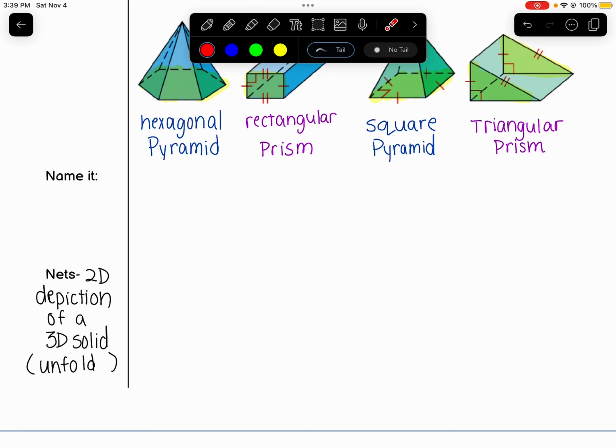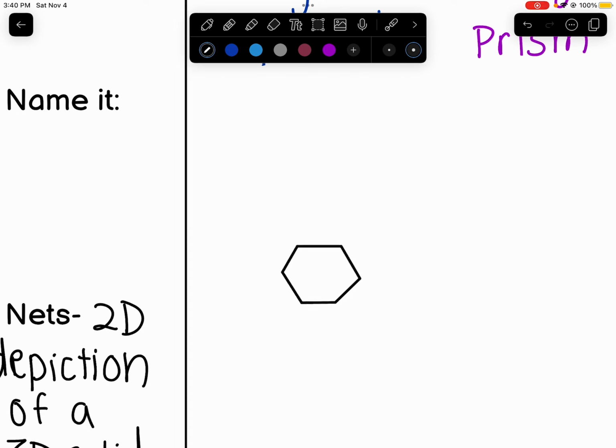And so our first polyhedron, what would the net of a hexagonal pyramid look like? Well, it's going to look like one hexagon. So draw a hexagon to the best of your ability. Just sketch it out. It doesn't have to be perfect. And off each side of our regular hexagon, and our hexagon is the base, we're going to draw a triangle off of each side of our hexagon.